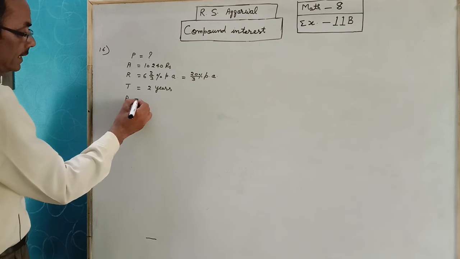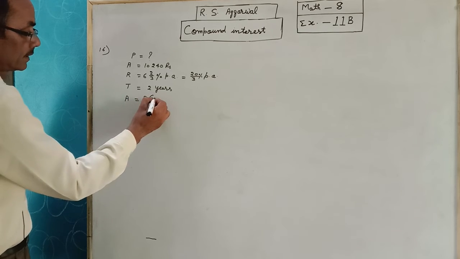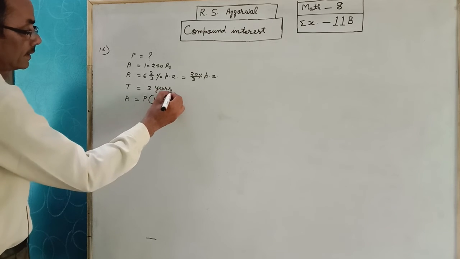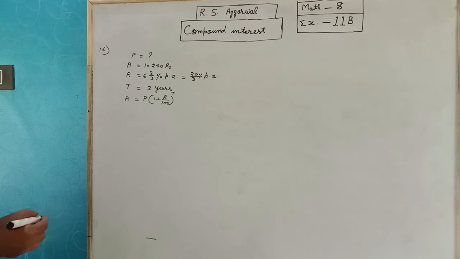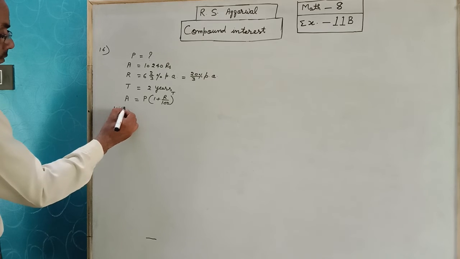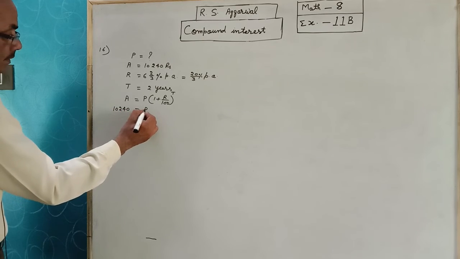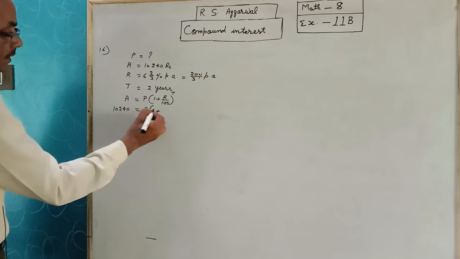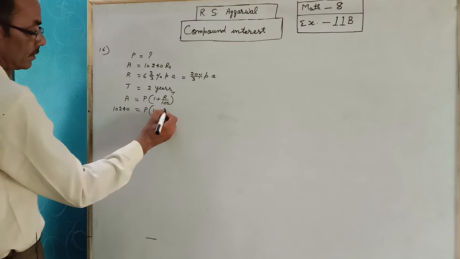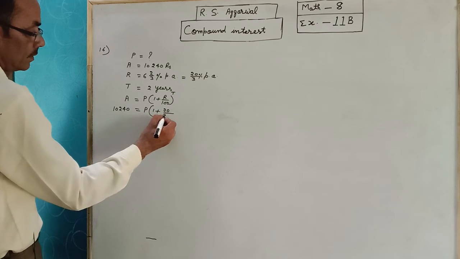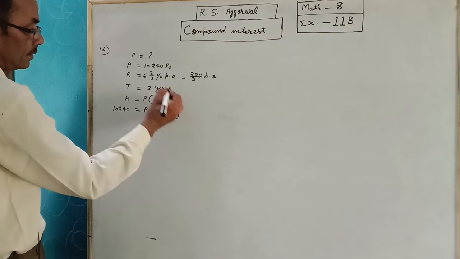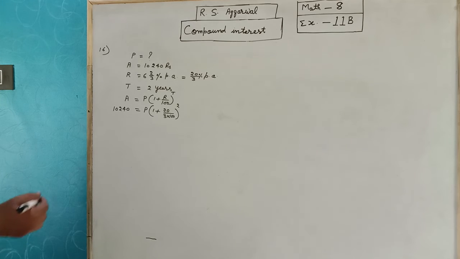Formula is A is equal to P bracket 1 plus R upon 100 is power T. Now put the value. 10,240 is equal to P bracket 1 plus R value is 20 upon 3 into 100 has power 2. T value is 2.